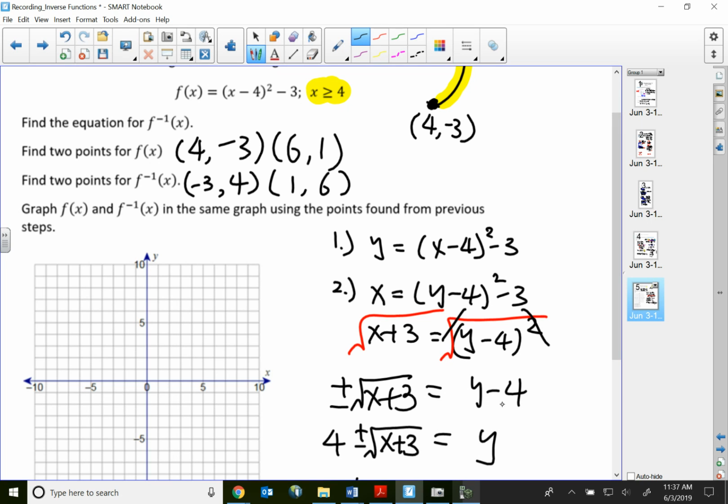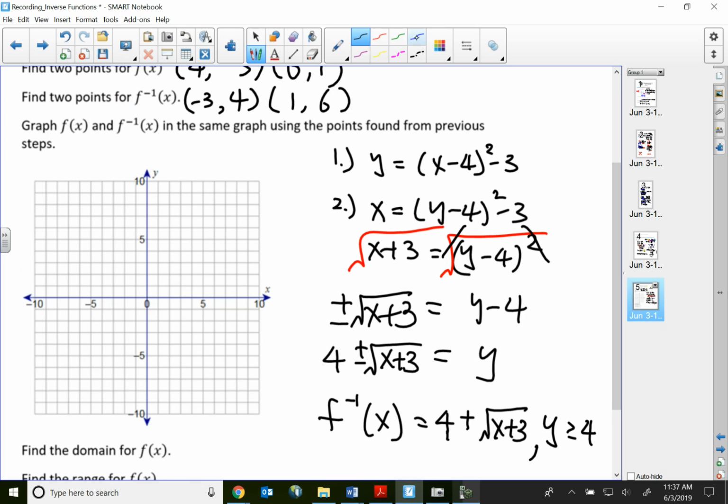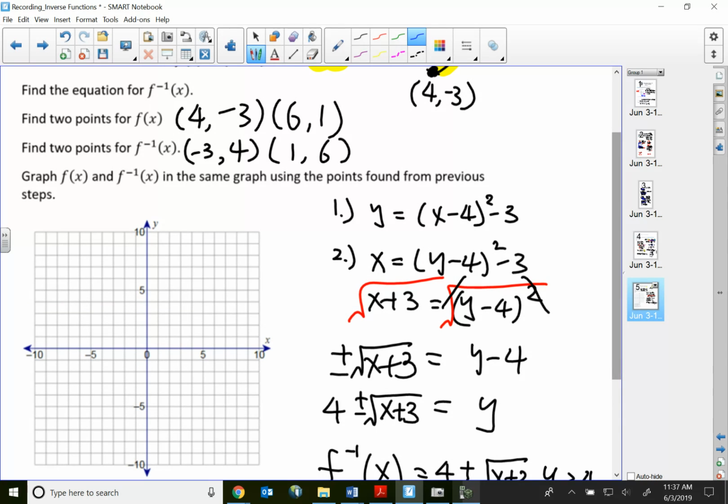See right here? Let me go down. See right here? H got to be -3. K is +4. So let me do my original function as blue. My original function is blue, 4, -3. To the right 4, down 3, 1, 2, 3, right here. 6, 1, right here.